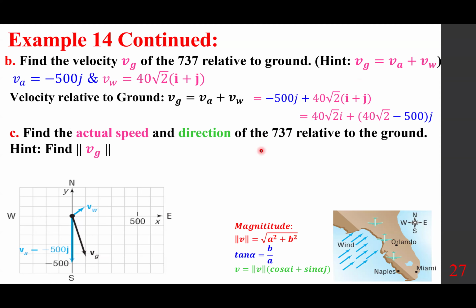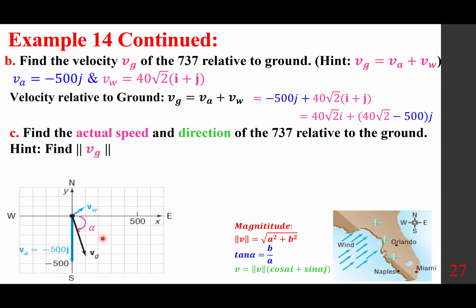Find the actual speed and direction of the 737 relative to the ground. Hence, of course, the magnitude is the square root of a squared plus b squared. So we raise this one to the power of 2, raise this one to the power of 2, and add them up. As far as the direction, we are talking about this angle.